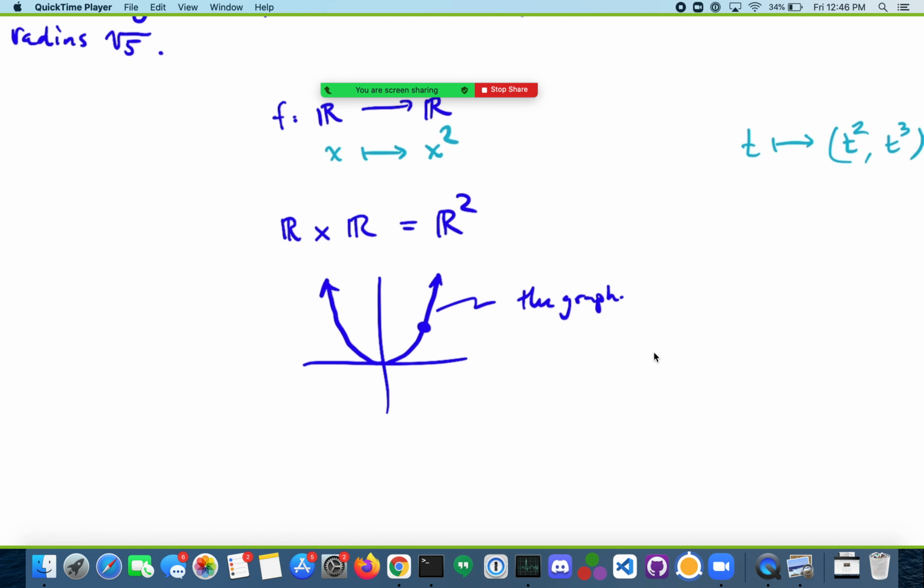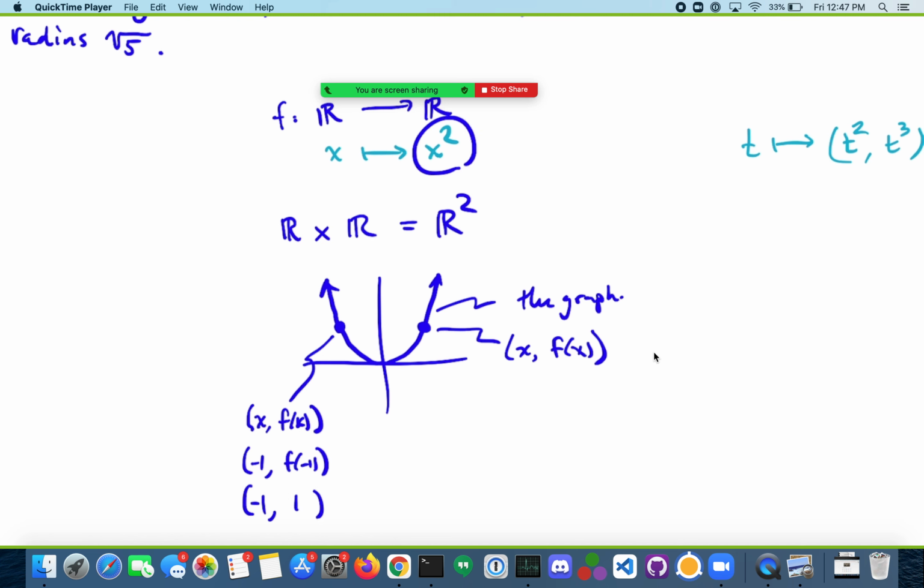A point on the graph here is a tuple x comma f of x, if this is f. And all these points have that form, x comma f of x. So like this one looks like I took -1 comma f of -1, which is -1 comma 1 because we're squaring. That's what f of -1 is.